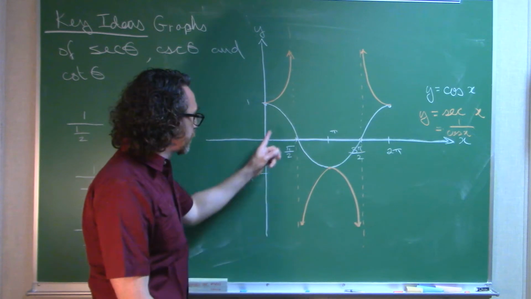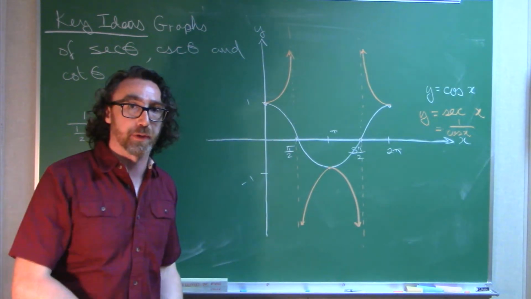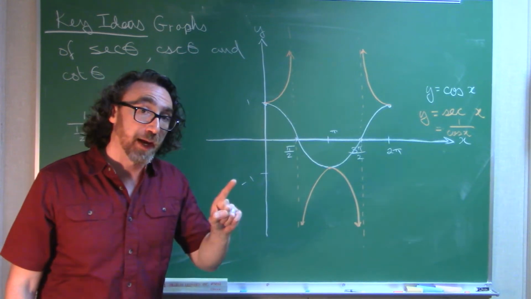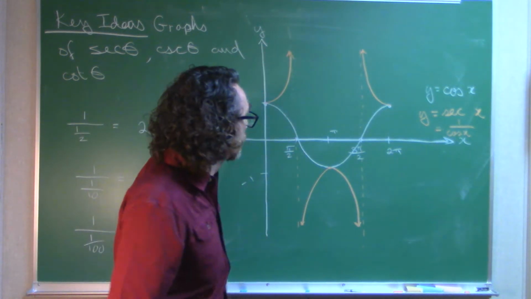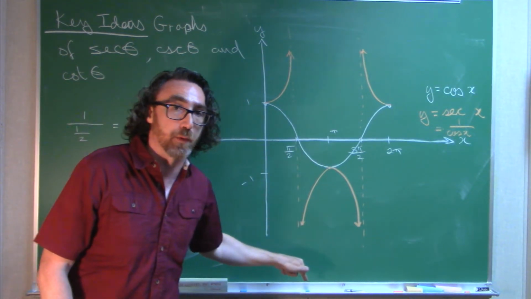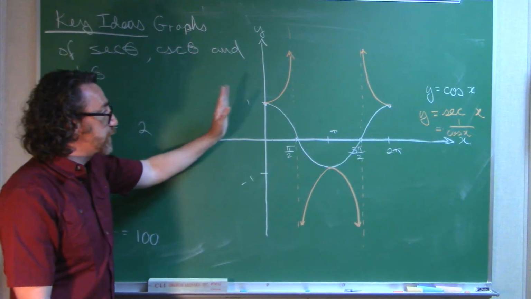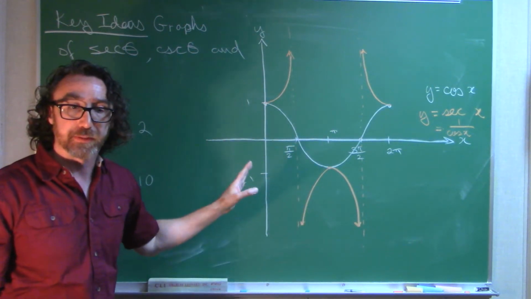Wherever the cosine function is 0, the secant function is going to have an asymptote. If the secant function is positive when it approaches that asymptote, we're going to balloon up. If the secant function is negative, the graph is going to plunge down. So the secant function is going to look like this picture I've drawn here in the orange.